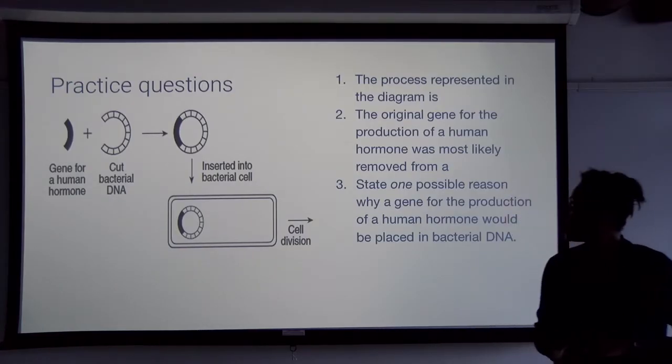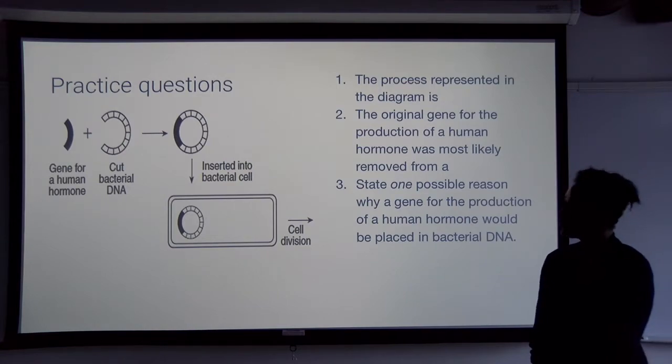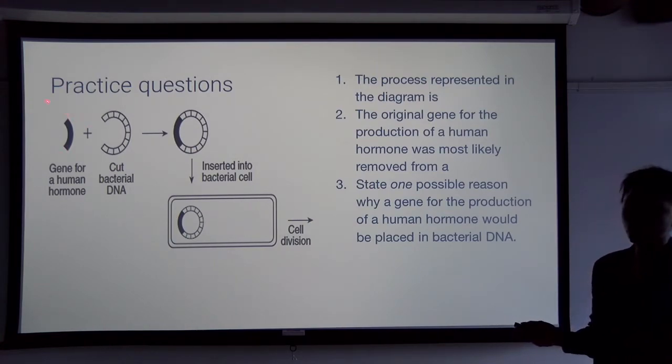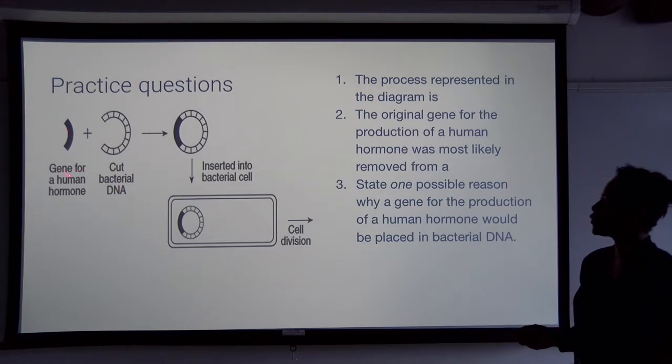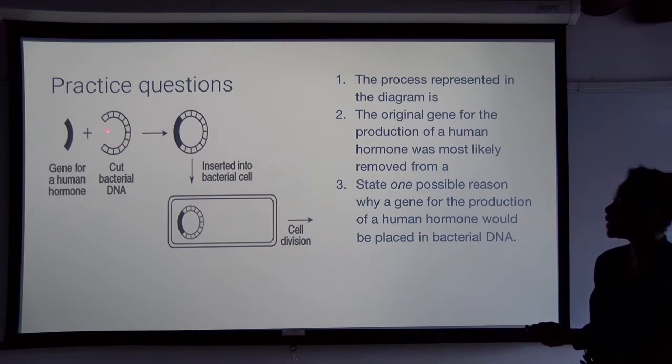From your break, we're going to pick up where we left off with a practice question. We just discussed genetic engineering and the gel electrophoresis process, where you isolate the gene that you're looking for. In this case, it's the gene for human hormone. You then insert it into a pre-cut bacterial DNA.